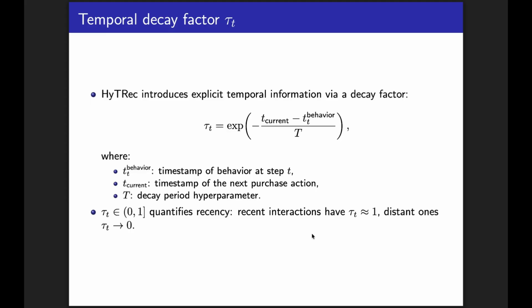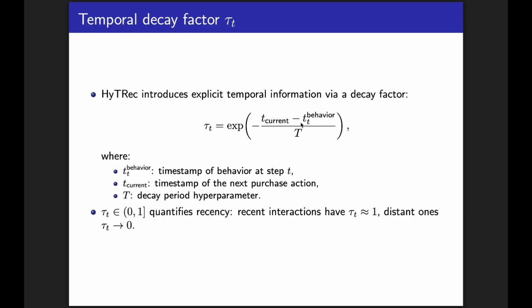And besides that, on the numerator, what we have is the difference between the timestamp of the next item purchase action and the timestamp of the behavior at step T. The higher this difference, meaning the farther the behavior at step T is from the next purchase action, the closer tau becomes to 0.